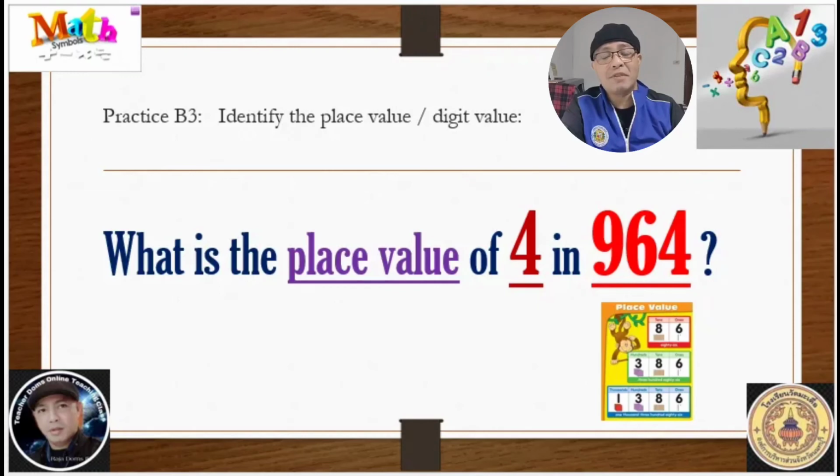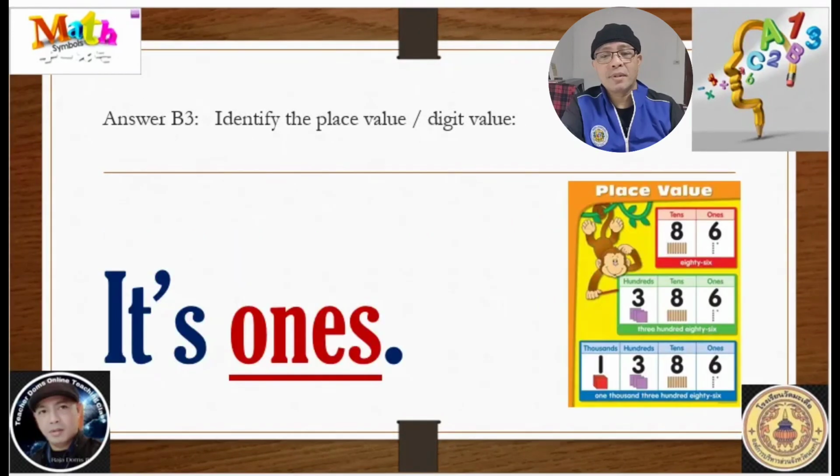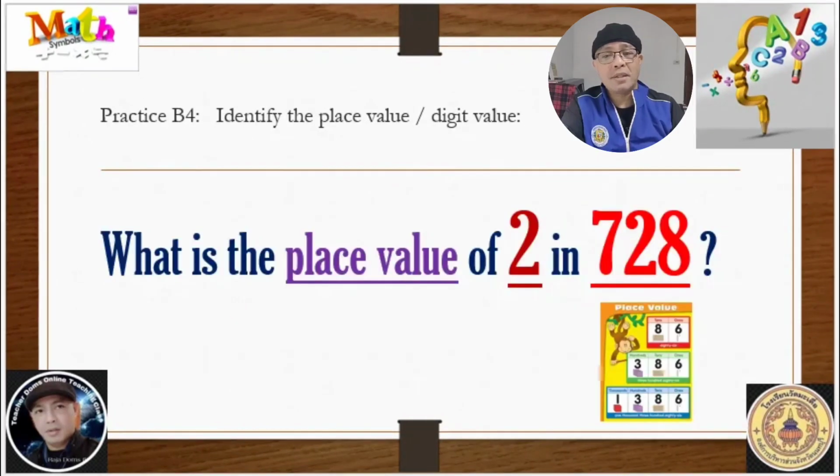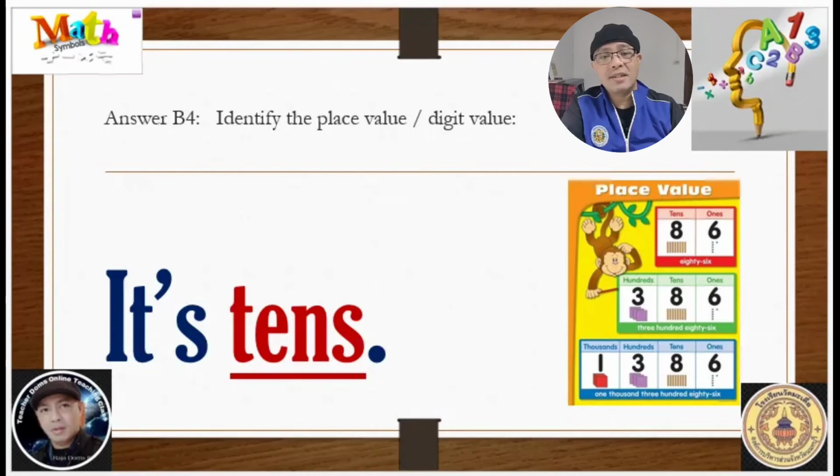What is the place value of 4 in 964? It's ones. Practice B4, identify the place value. What is the place value of 2 in 728? It's tens.